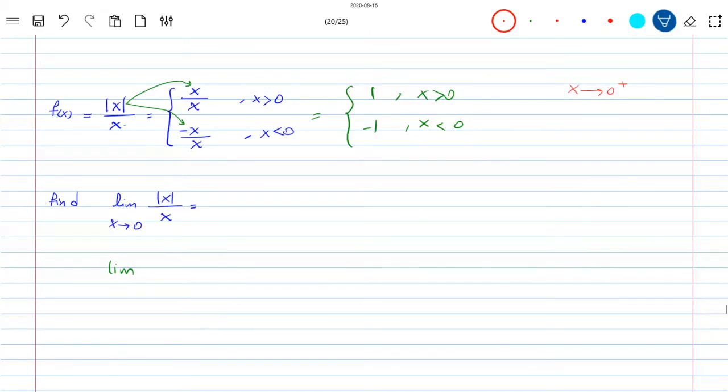What does it mean? That means you're picking a number close to 0, but from right side of 0. So if you draw the number line, this is 0, you're approaching from this direction. What is that number close to 0 from right side? Something like 0.1 or 0.01 or 0.001, doesn't really matter.